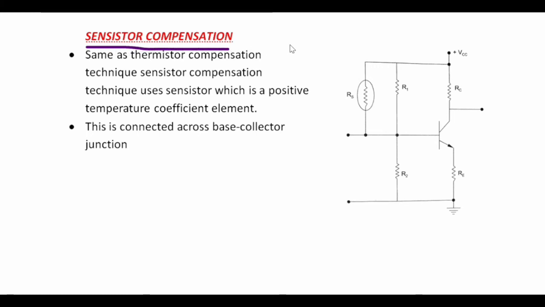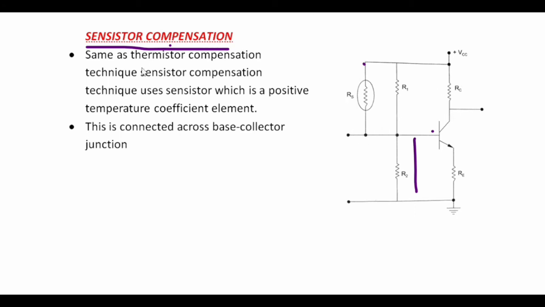Sensistor compensation technique. Earlier we have seen the thermistor compensation technique, in which the resistor is connected across the base emitter junction. Now in the Sensistor compensation technique, we are connecting the Sensistor across the base collector junction.